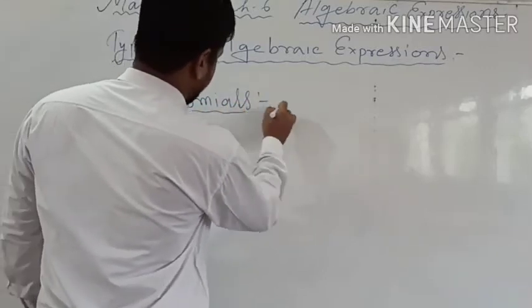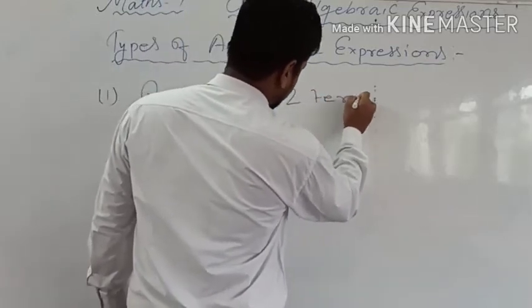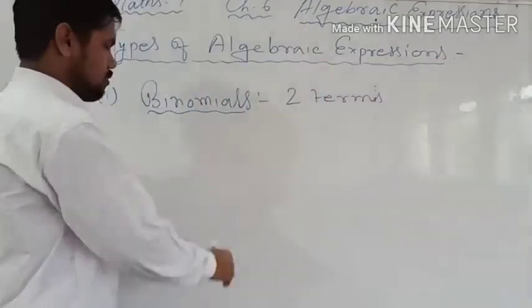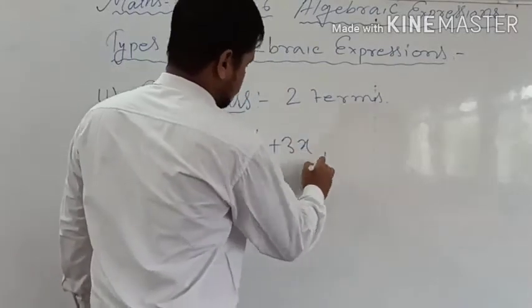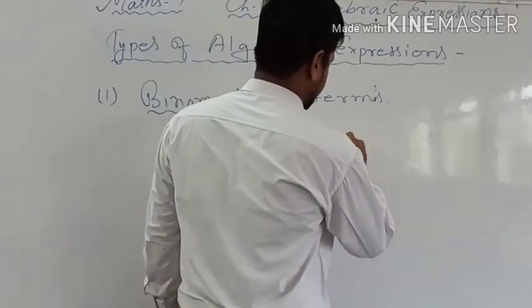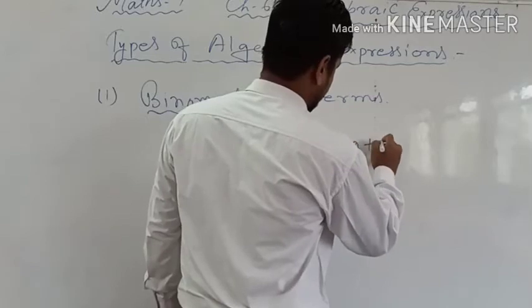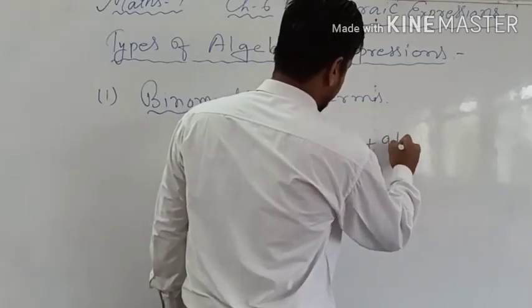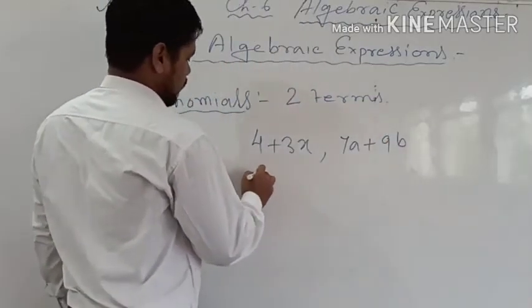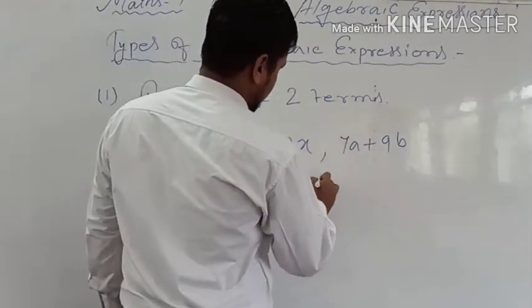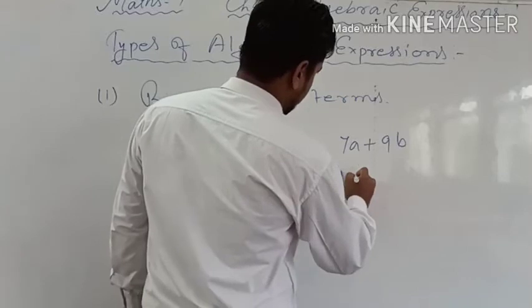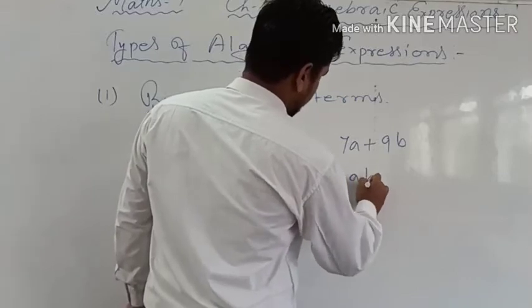How two terms? For example, 4 plus 3x. For example, 7a plus 9b. For example, 3a square b minus 4ab or xy.